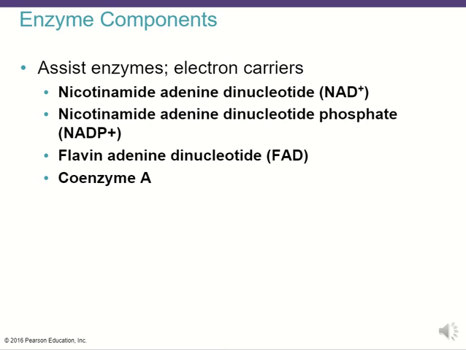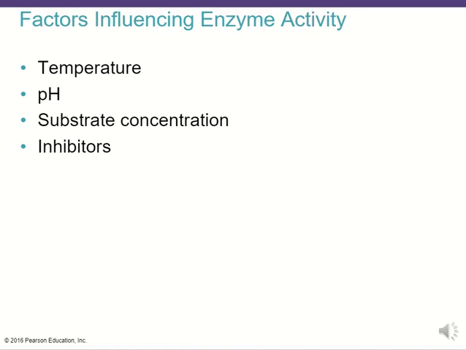Also, something more common in plants, nicotinamide adenine dinucleotide phosphate, NADP+. These are basically different types of cofactors, flavin adenine dinucleotide, FAD, and coenzyme A, things that we use as animals.